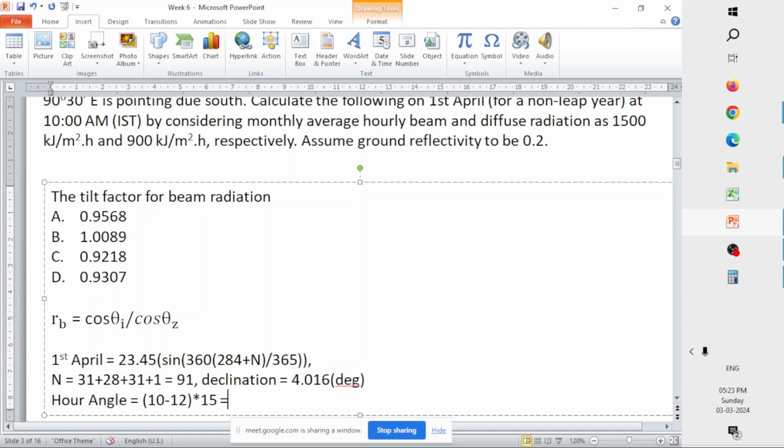So that is 30 degrees, and here I am taking positive because it's in the morning. According to sign convention, if the time allotted to you is in the morning, you can take the value as positive. So 30 degrees.